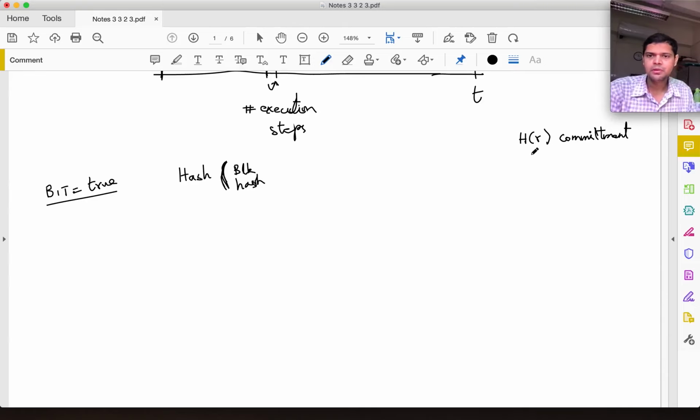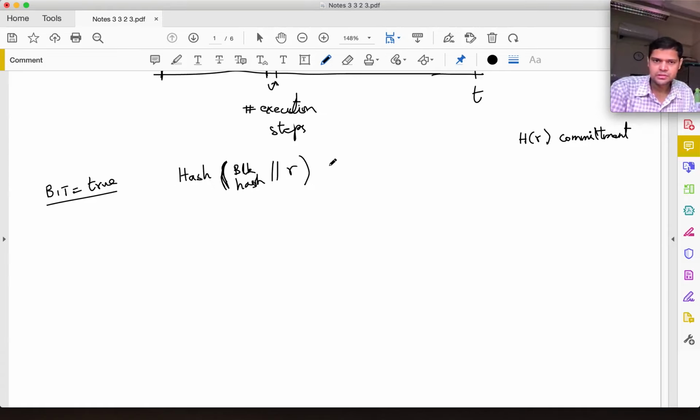This commitment is put on the blockchain, so he doesn't know the bit as yet. For the block after this is put on the blockchain, we take the hash of that, and we concatenate R to it. This is going to be used to decide what the bit is.